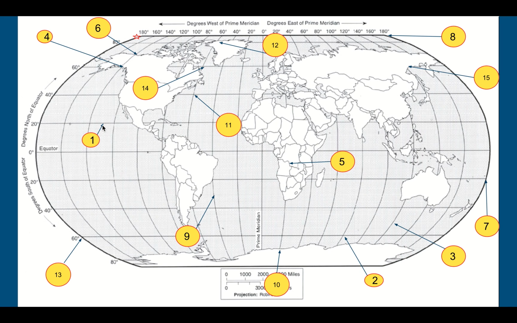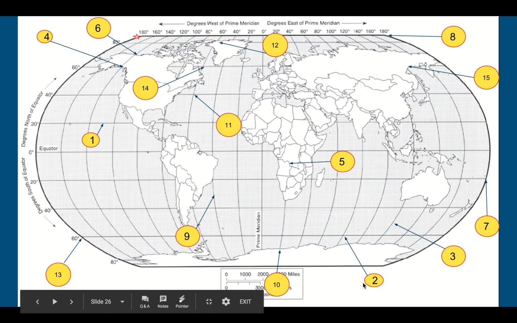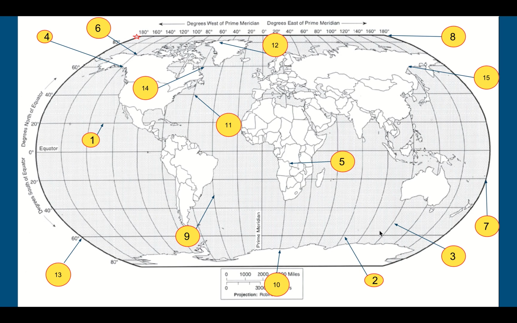You are going to find the location of the point where the arrow is pointing. So if you take a look at the screen where my cursor is circling, you are finding the location of where the arrow is pointing. If you're looking at number 2, which is on the bottom right hand side, you are going to find this location where the arrow is pointing.